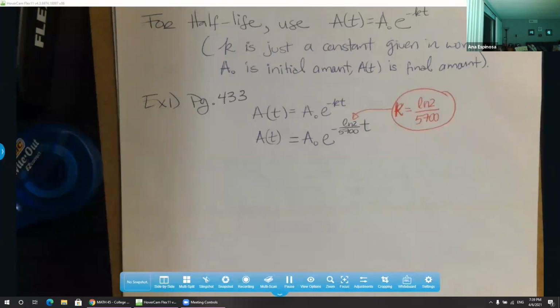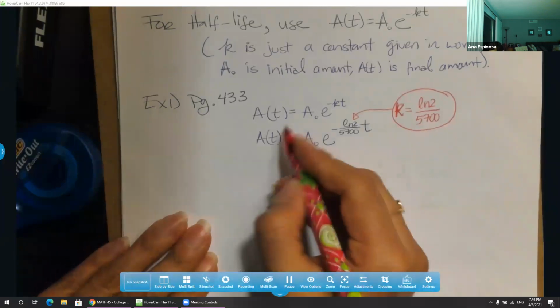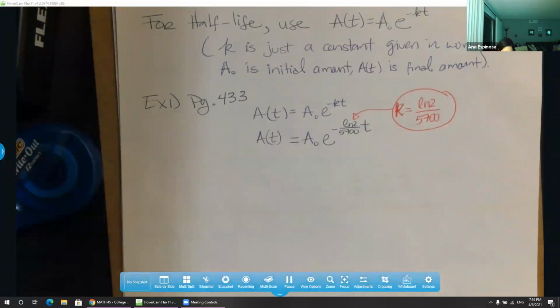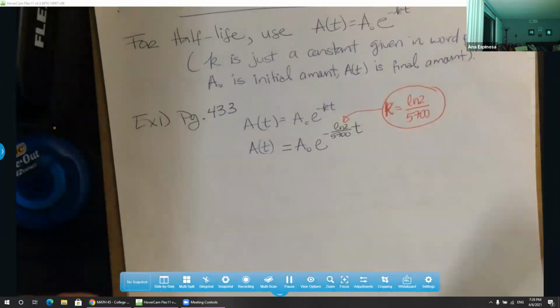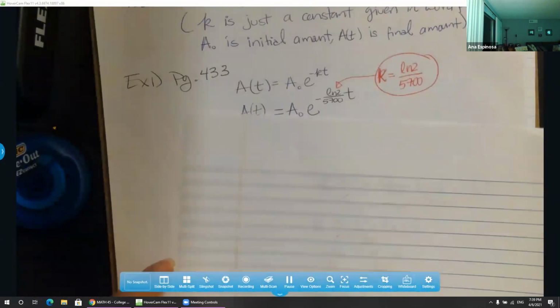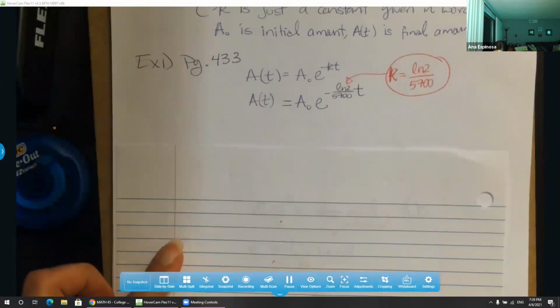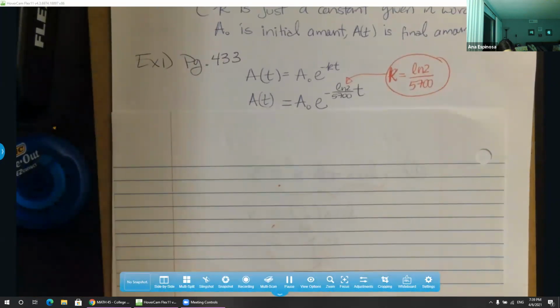Okay, so what it's asking you, if you have, I don't want to write on here. They tell you, do it this way. They tell you if the fossil contains 1/5 of the original carbon-14 contained.